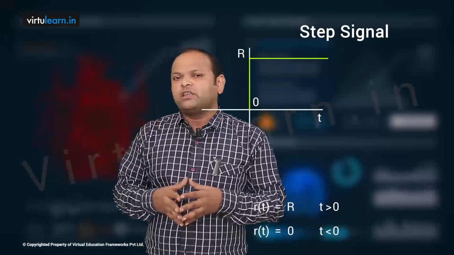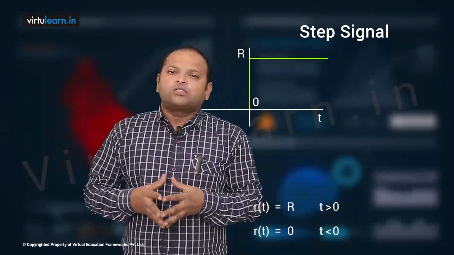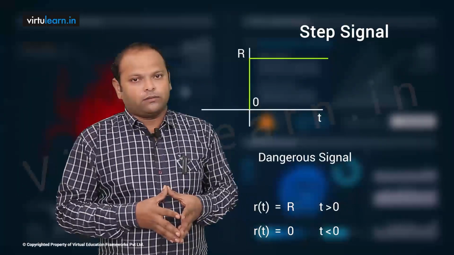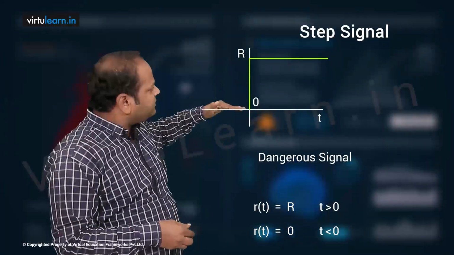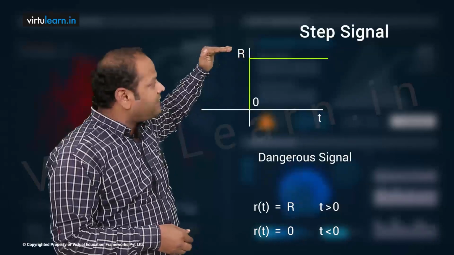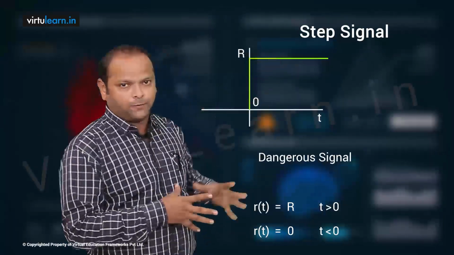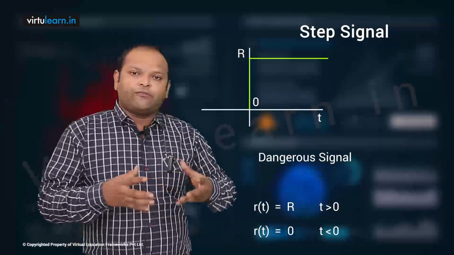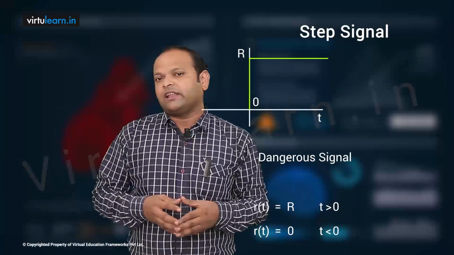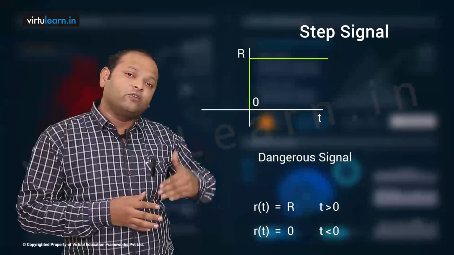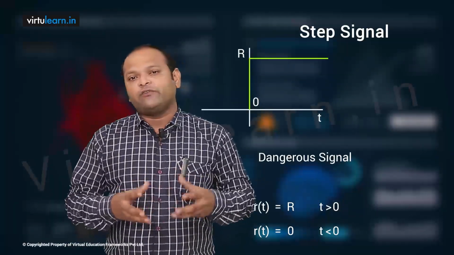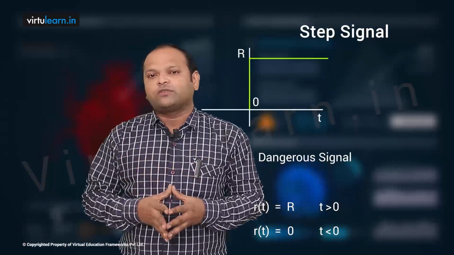The step signal is called the most dangerous signal of all, because we suddenly increase the value from the initial value to the final value and maintain it for a long time. Let us say a fan is working on 230 volts, and suddenly you increase the voltage to 300 volts and keep it there. It is very difficult for the fan to operate.